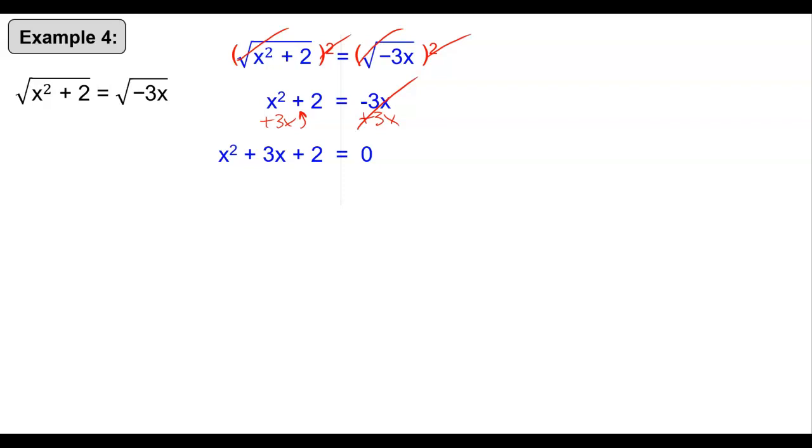So now what buttons do we press from here? Oh, okay. Menu 3, 2. It's going to look like this. It's going to say polyroots. What do I type in polyroots? Do I put the equal 0?